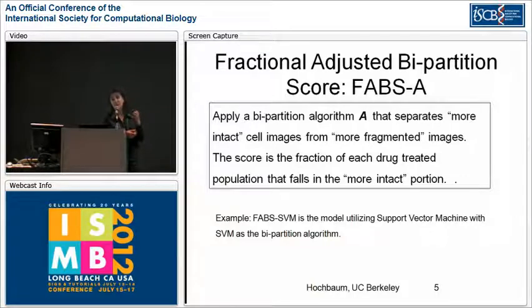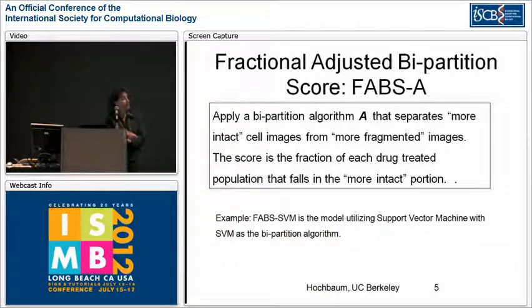So we will look to cluster the better cells, the more intact cells, in a way that is right now not entirely quantifiable, from the more fragmented cell images. And the score will be simply the fraction of the number of cells treated with a given drug that fall into the more intact portion. So in the same way that in image segmentation we have the feature, here the cluster of the feature will be the more intact cells.